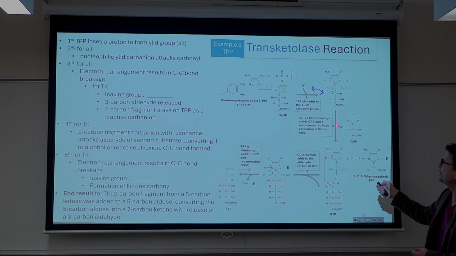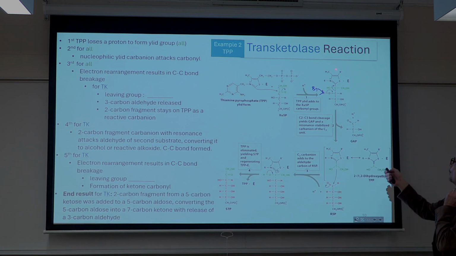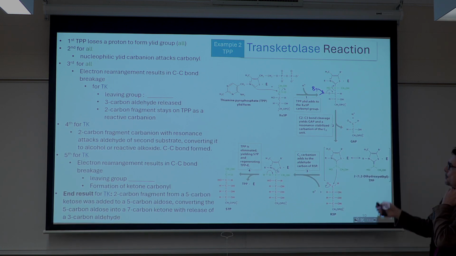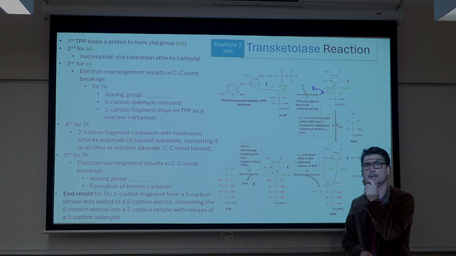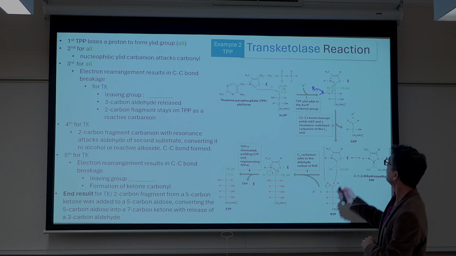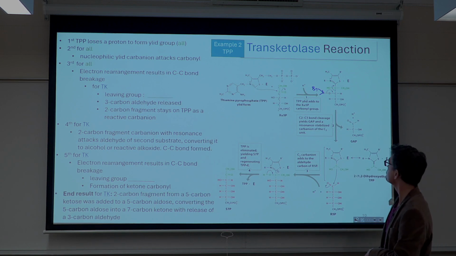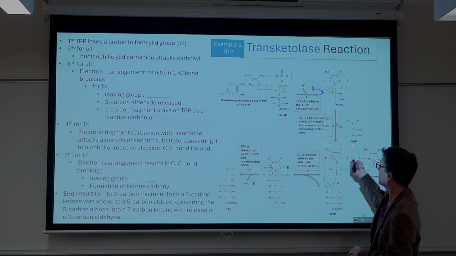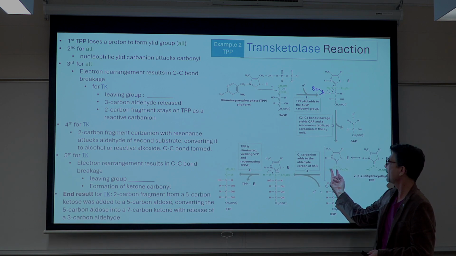Okay, so now when we look at this, what is the leaving group? For transketolase, is it the glyceraldehyde 3-phosphate? You think? No, it's the carbanion. That's where those electrons went, right? So the 3-carbon aldehyde is released, and the 2-carbon fragment now stays on as a reactive carbanion.